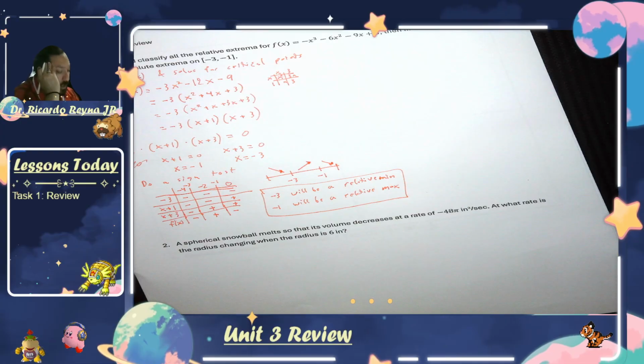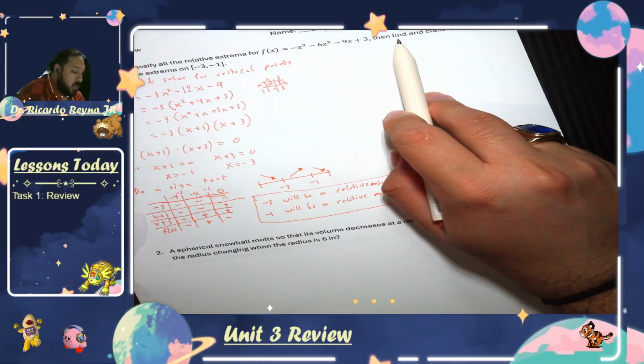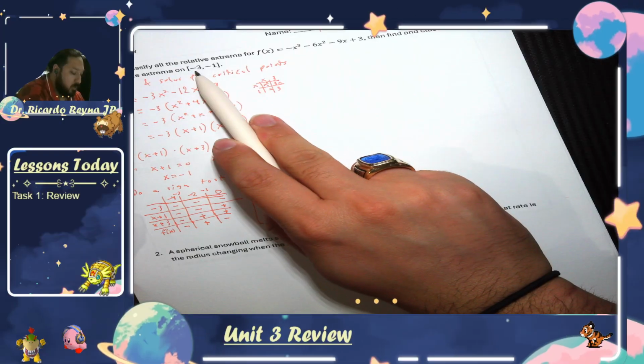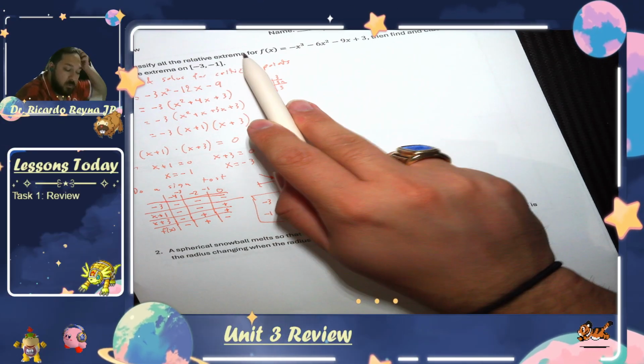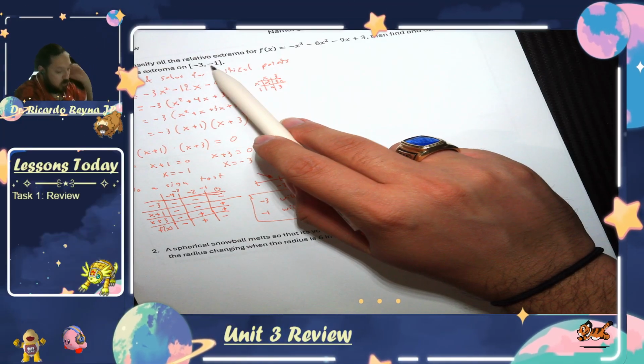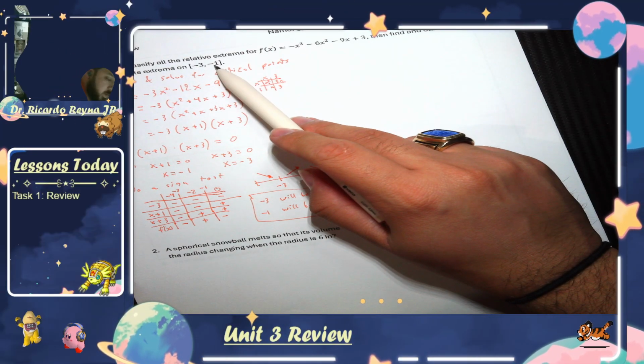Although we're technically not done, because this further says to find and classify all absolute extrema on this bounded interval. First we found the relative ones, but now we need to check for the absolute extrema, and we are only looking between negative 3 and 1.